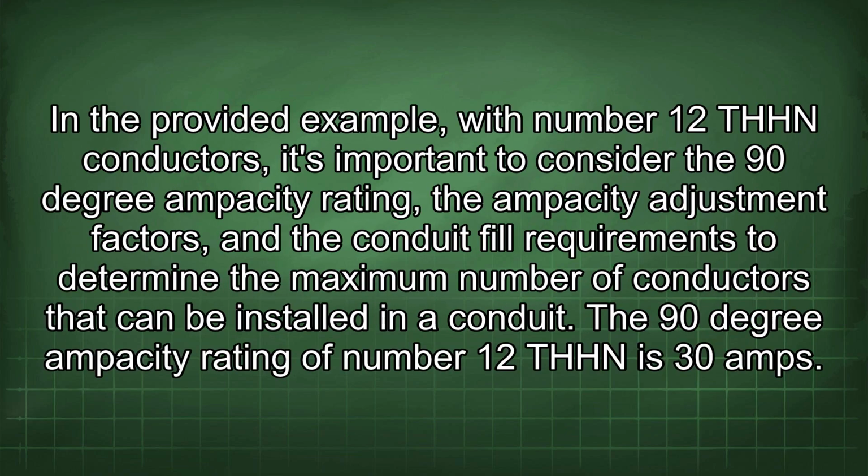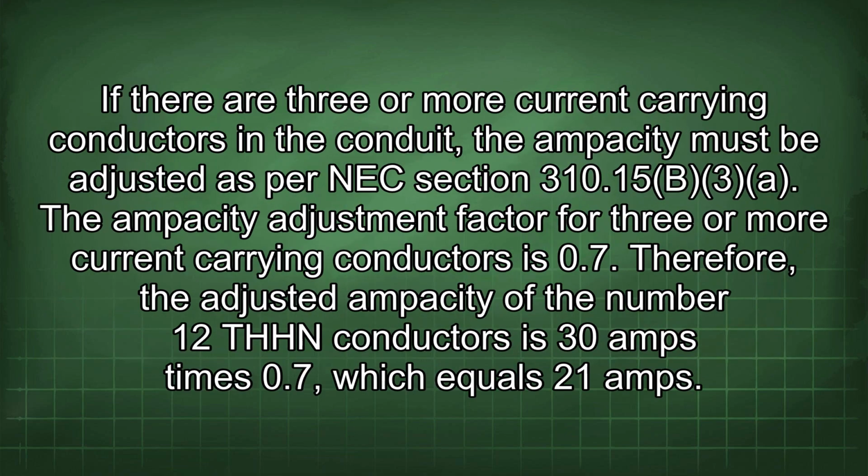In the provided example, with number 12 THHN conductors, it's important to consider the 90-degree ampacity rating, the ampacity adjustment factors, and the conduit fill requirements to determine the maximum number of conductors that can be installed in a conduit. The 90-degree ampacity rating of number 12 THHN is 30 amps. If there are 3 or more current-carrying conductors in the conduit, the ampacity must be adjusted as per NEC Section 310.15b3.